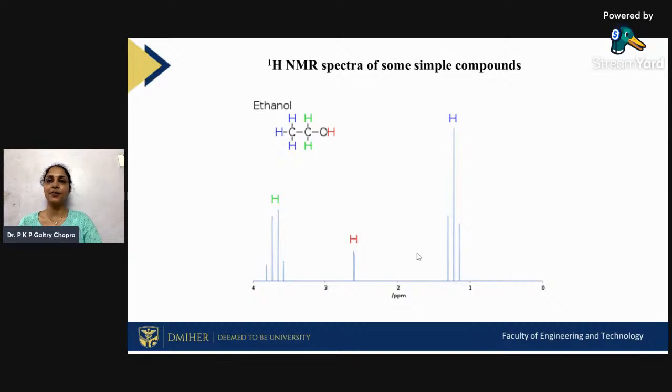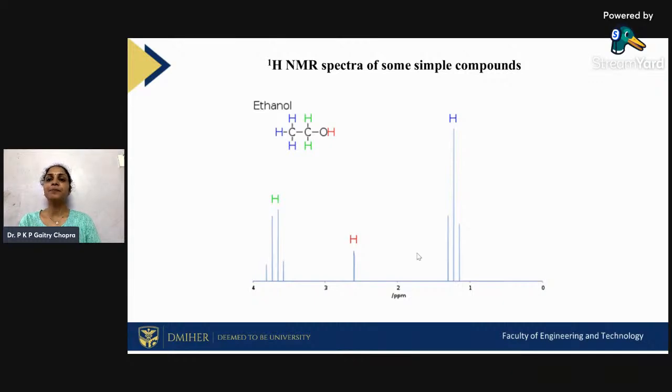Now these are the signals that we are seeing. The very first signal that we are having at around 1.3 is for the CH3, and it is a triplet. Why? Because on the adjacent carbon there are 2 protons, so n plus 1, that is 2 plus 1, 3. So the signal for CH3 has been split into 3, that is we are getting a triplet for CH3.